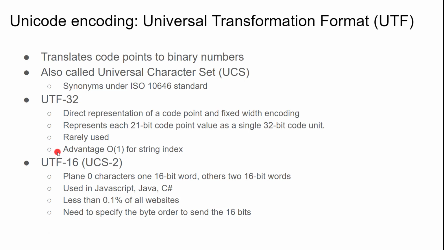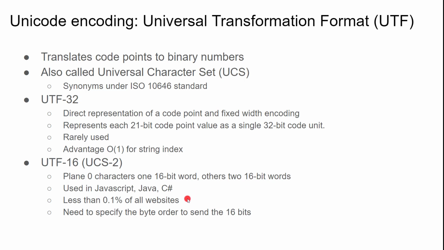The next most common UTF standard is called UTF-16 or UCS-2. This balances size and speed by taking advantage of the fact that the most commonly used characters are in plane 0, and plane 0 is 16 bits, so UTF-16 encodes plane 0 with a 16-bit word and the rest of the Unicode characters with two 16-bit words. This method is used in JavaScript, Java, and C#, but in less than 1% of web pages.